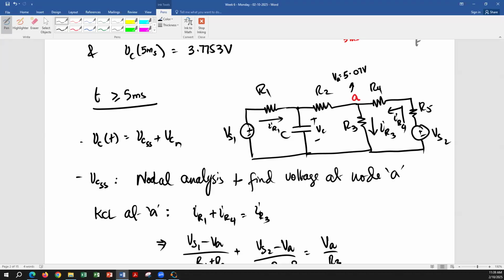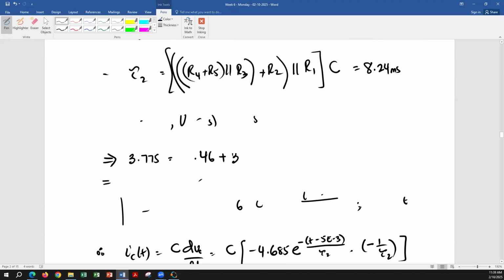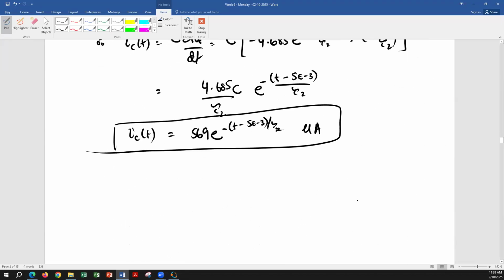You're putting VC minus VS1, but the current is going from VS1 to VC. So IR1 is equal to VS1 minus VC over R1.